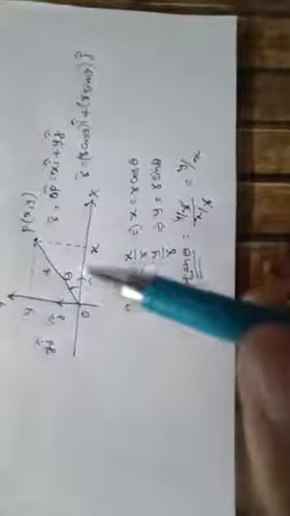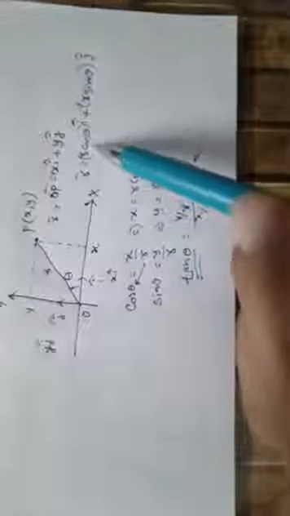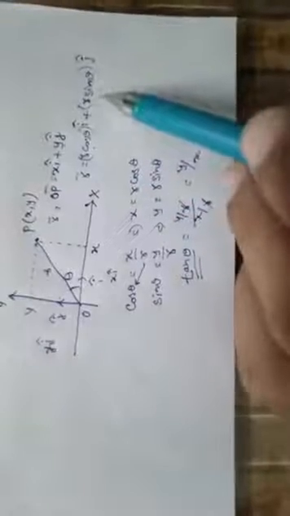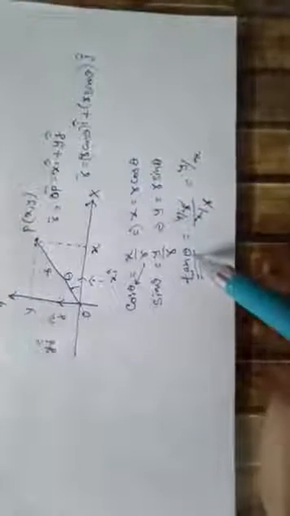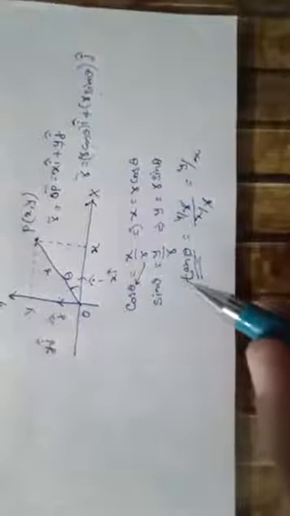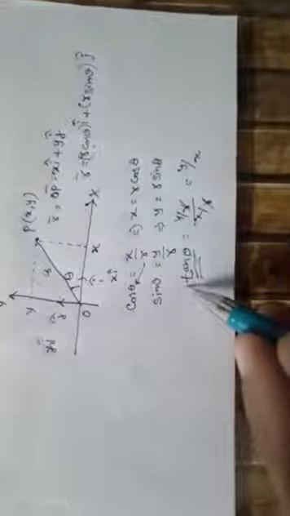So this is nothing but the vector representation, what the x component is, what the y component is, what the angle is, and how to determine the angle. This is also called the direction. Slope is also called direction, the slope of the vector.